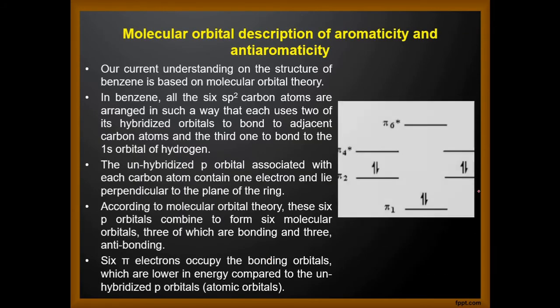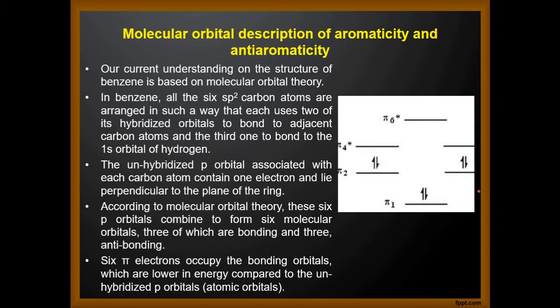Now, we are trying to understand the molecular orbital picture for benzene, and our current understanding of the structure of benzene is again based on molecular orbital theory. In benzene, all the 6 sp2 carbon atoms are arranged in such a way that each uses 2 of its hybridized orbitals to bond to adjacent carbon atoms, and the third one bonds to the 1s orbital of hydrogen.